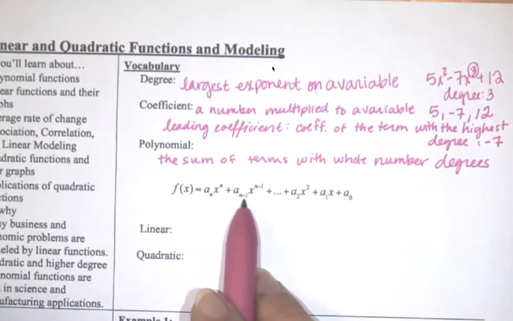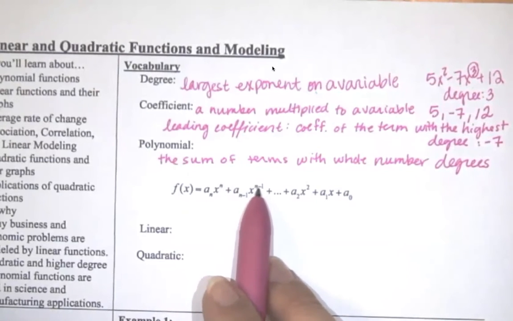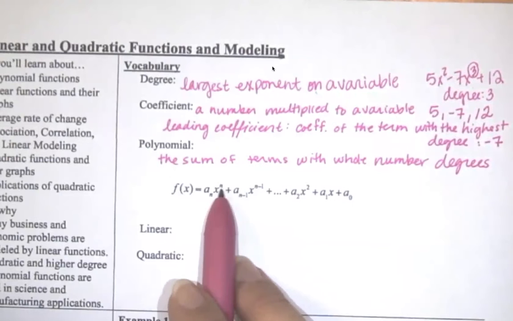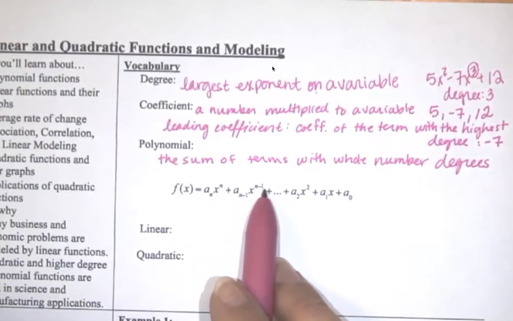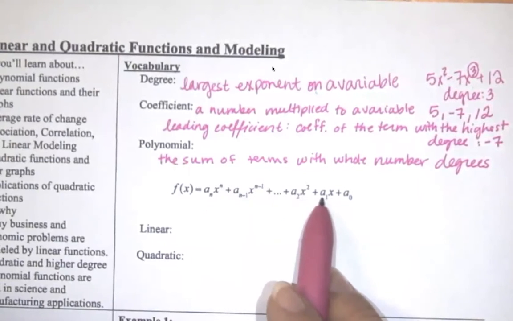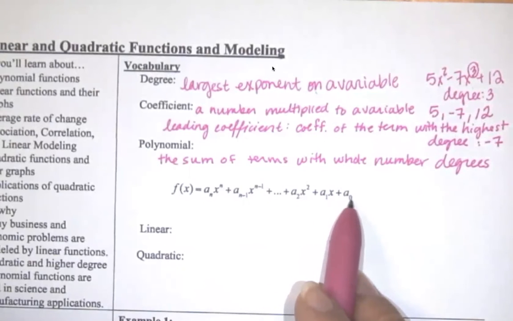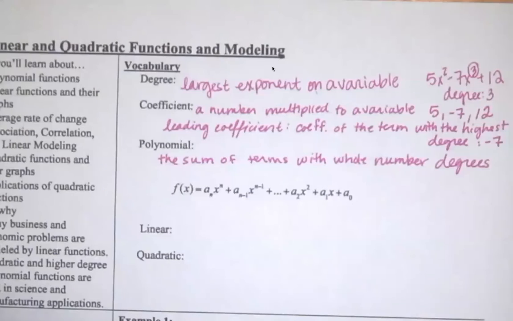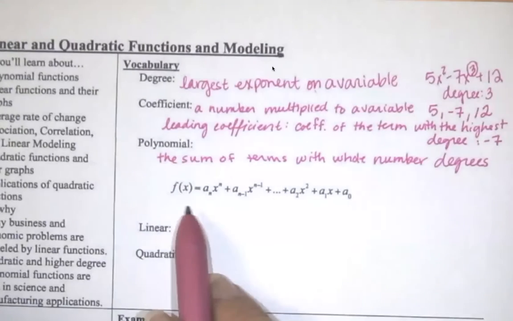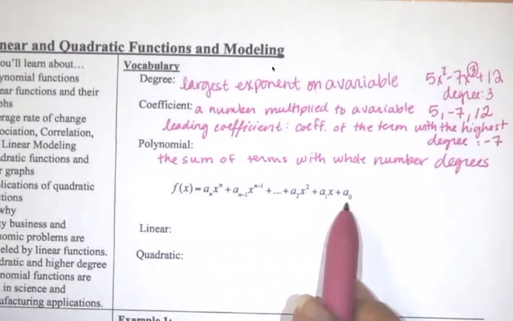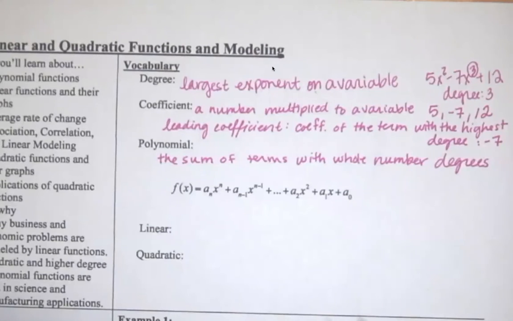Then we have our n-1th coefficient for x to the power of n-1. Notice we have our subscript matching our exponent all the way down to our first degree term with our a sub 1 and our 0 degree term with our constant. Now, this is fancy notation. I won't expect you to recreate this. However, if you do see it, you should think polynomial.